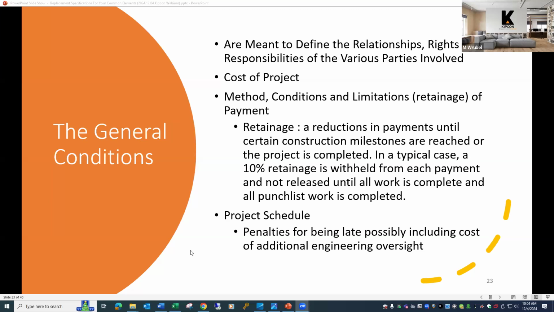Once a contractor is selected, they are asked to provide a start date and a general schedule for the project. And of course, the contractor wants to complete the project in a timely fashion and receive payment in a timely fashion. So there's a motivation for them to get it done.